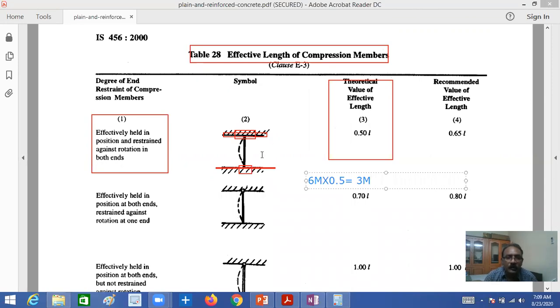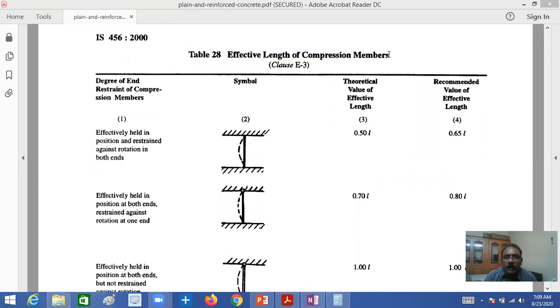This is the total L, from here to here. In this way we have to calculate. But always we have to consider the recommended value in the problems. The recommended value is 0.65. This is on the safer side.